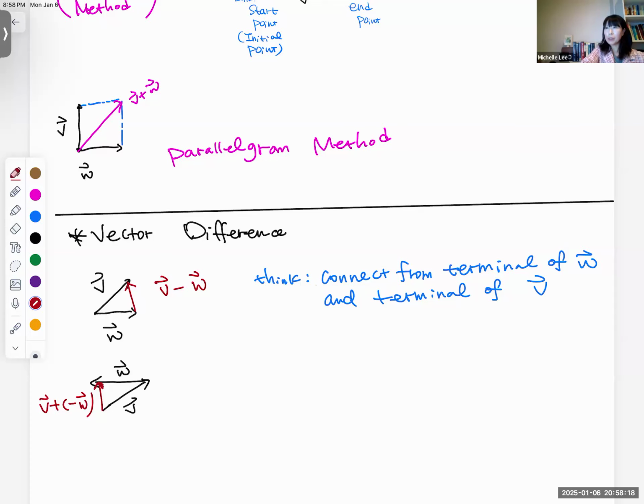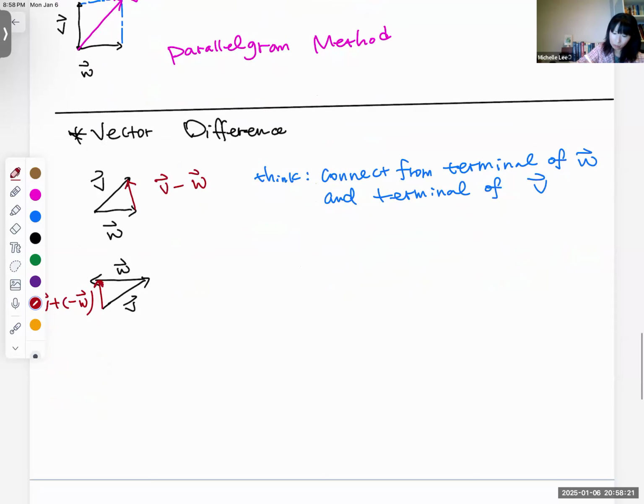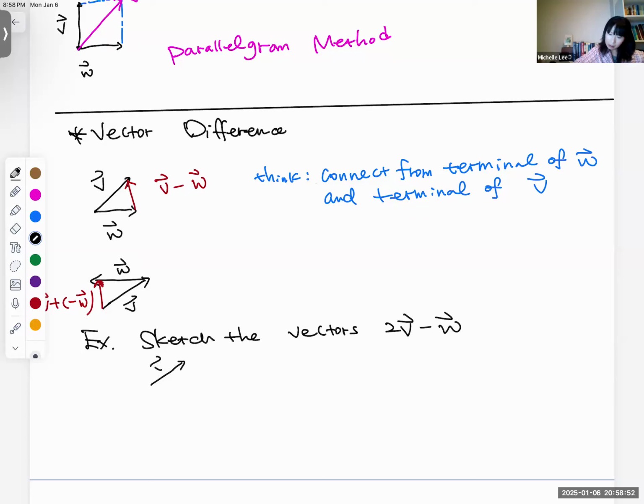So let's just sketch the vectors 2v minus w. Okay, so let's say that v is here. Let's say that w is here, right?